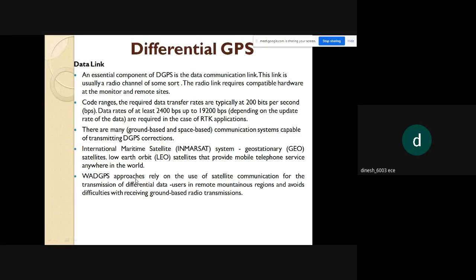And WADGPS relies on satellite communication for transmission of differential data. It is used in remote mountainous regions, which avoids difficulties in receiving ground-based radio transmissions. All of it works on a radio link for communicating.